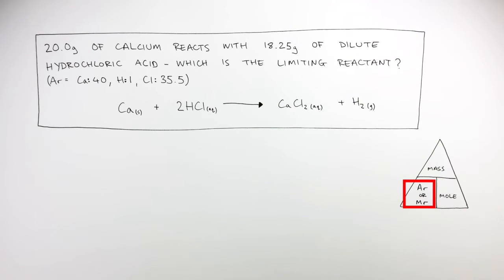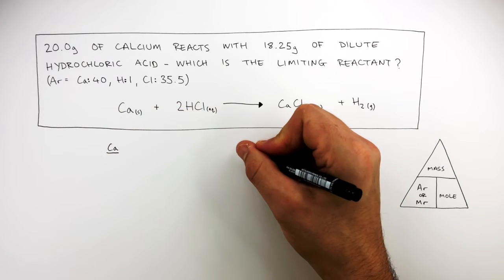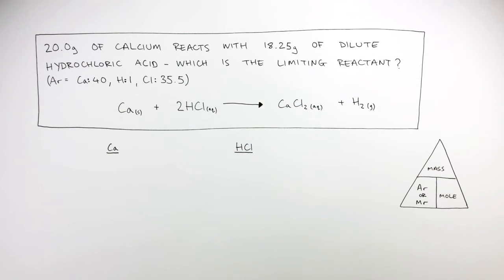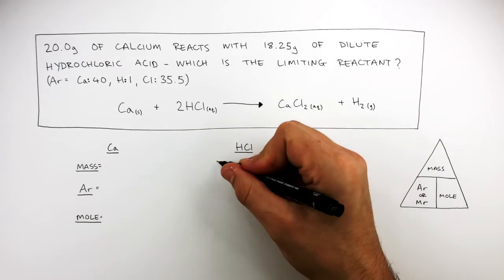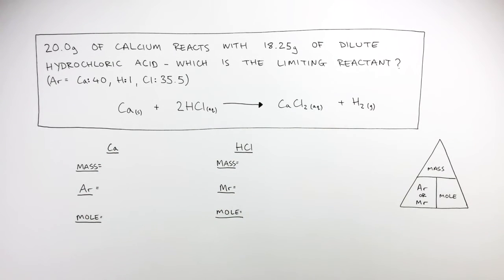The question is asking us about calcium and hydrochloric acid. So here I'm writing Ca for calcium and HCl for hydrochloric acid. To figure out which is the limiting reactant, we need to use the data of mass, AR and mole for both calcium and hydrochloric acid.